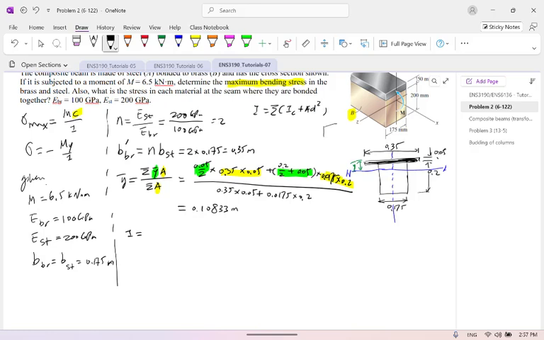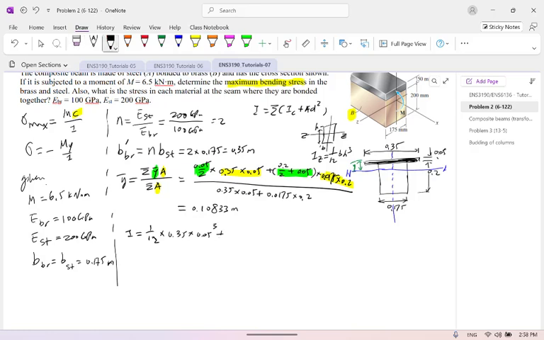Of course, for any rectangle, as we mentioned before, I_z is equal to 1 over 12 b h cubed. So here, 1 over 12 times b, 0.35, h cubed, 0.05 cubed.